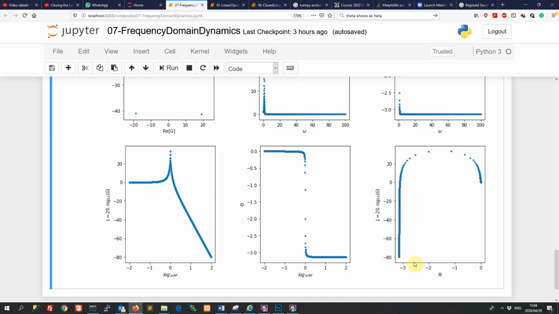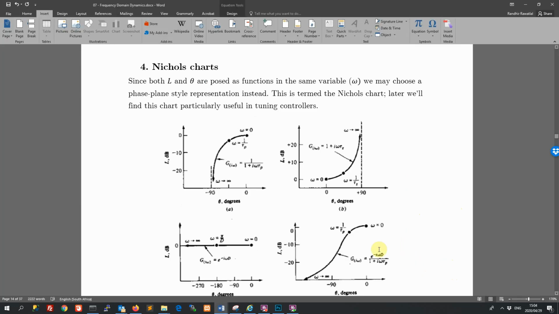And I know it looks like, oh, we've just gone and made every possible permutation of all the graphs that we have. But no, we will see that through a special mapping, this graph actually becomes quite useful in terms of designing control. So anyway, for now, we will just say that it's L against theta.